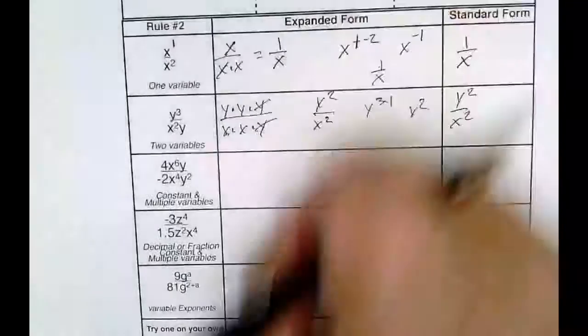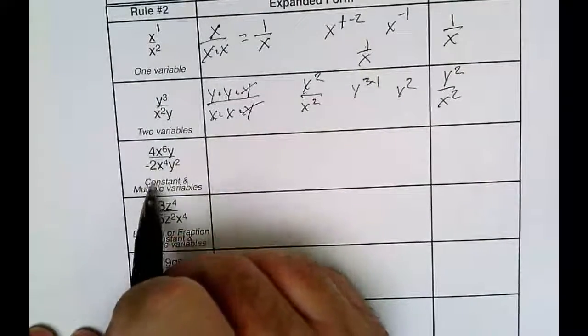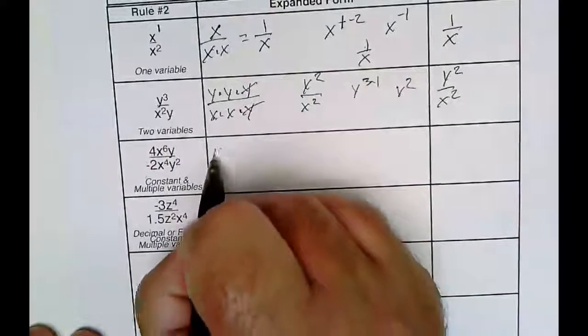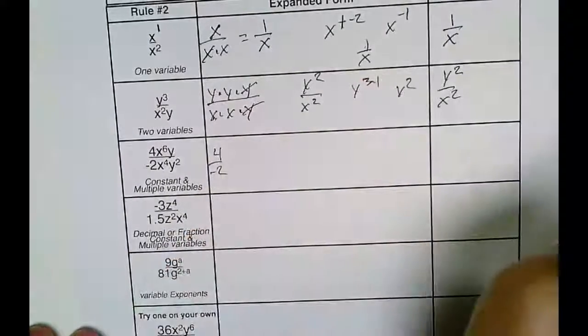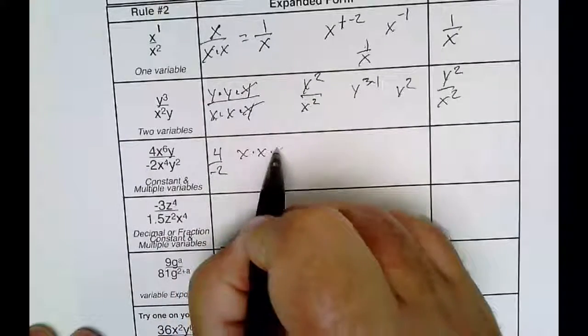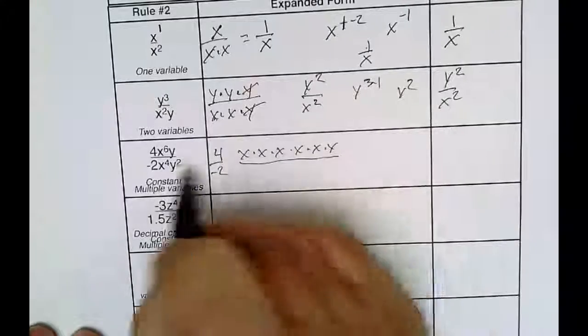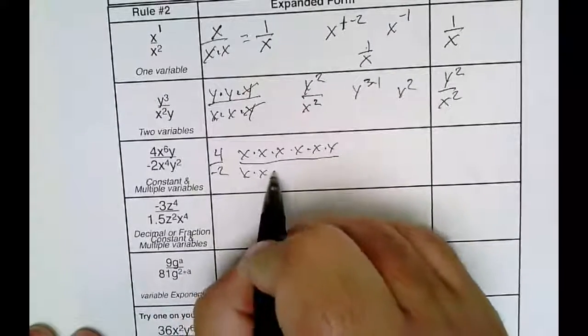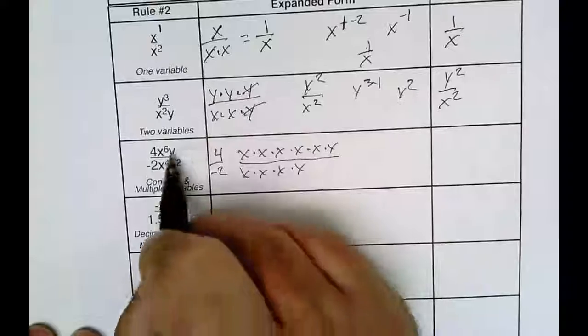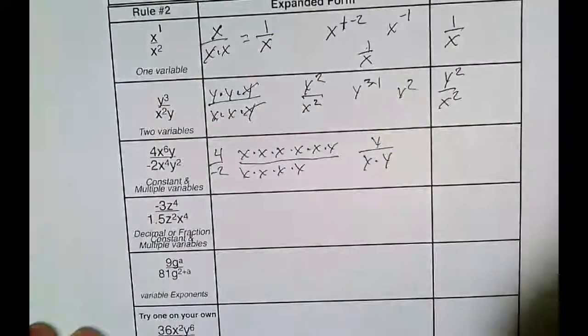Let's go over the next one. Again, remember what I said. You divide the coefficients. So this becomes 4 divided by negative 2. x to the 6, 1, 2, 3, 4, 5, 6. x to the 4th, 1, 2, 3, 4. y over y squared.